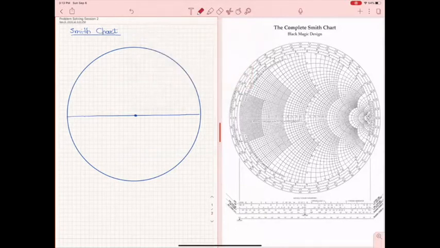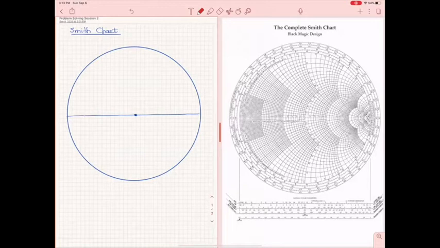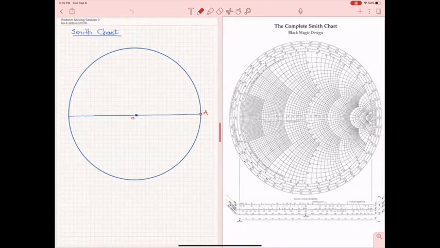The circles will have their center on the axis of the Smith chart, and will be tangential to the Smith chart at this point A. And I will also go through this center of the Smith chart that I call O. All right.